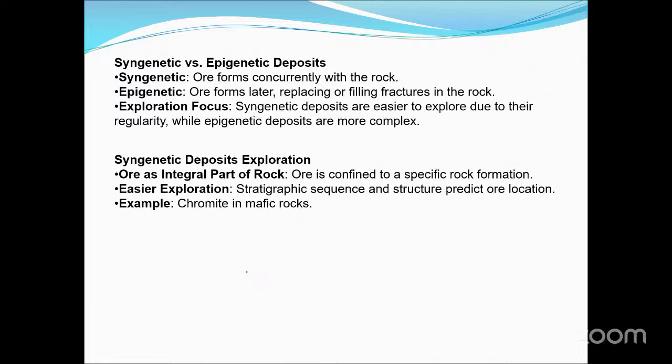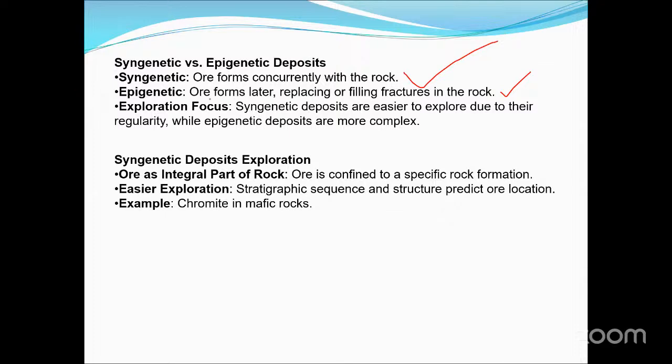The syngenetic ore forms concurrently with the rock, okay? And epigenetic ore forms later, replacing or filling fractures in the rock. See, syngenetic ore forms concurrently with the rock. Only with the rock formation will syngenetic ore deposits form.